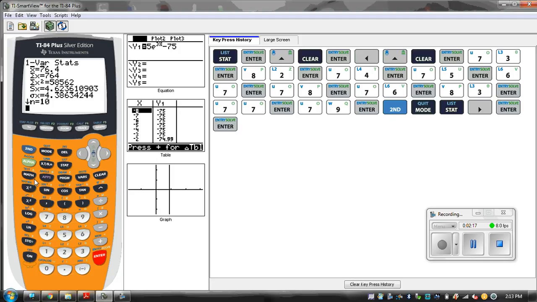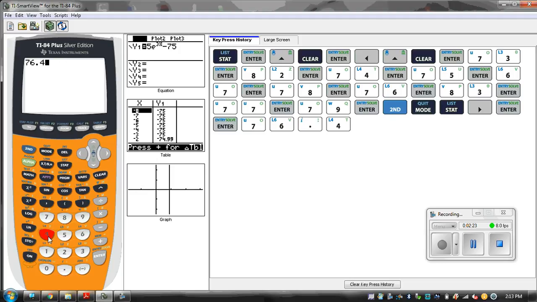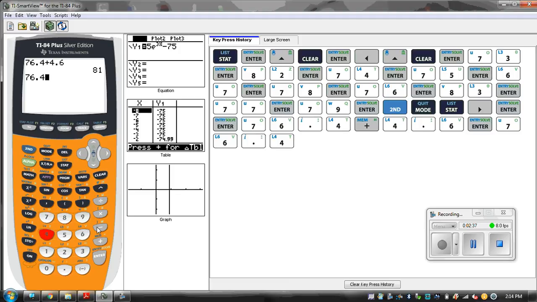So what I mean by this is I'm going to take the mean, which we said was 76.4, and to get the first boundary, I'm going to add 4.6. Then I'm going to take 76.4 and I'm going to subtract 4.6.